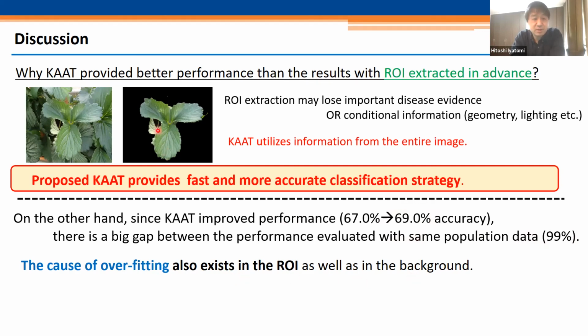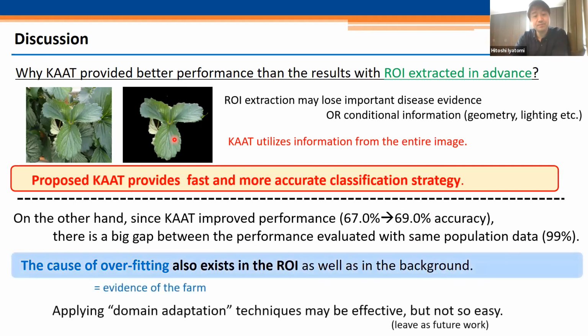This means the ROI region also includes the evidence of the field. So in the future, we need to apply domain adaptation or a similar technique to this task. But we have already experienced that this is not such an easy task.